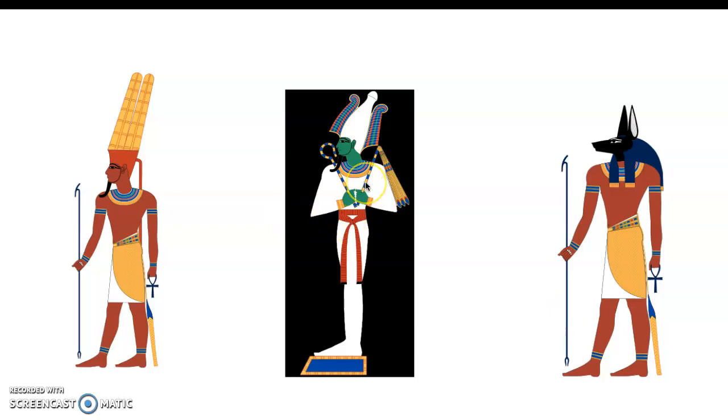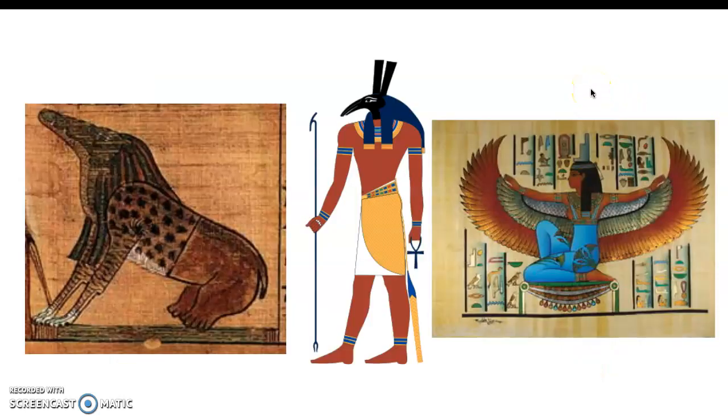You have Osiris. We're going to read a couple legends about him, but he looks like a mummy, which signifies his importance as the ruler of the afterlife. And then Anubis, the guy who is in charge of sending people into the afterlife through embalming and mummification. We'll talk about each of these guys coming up as well.